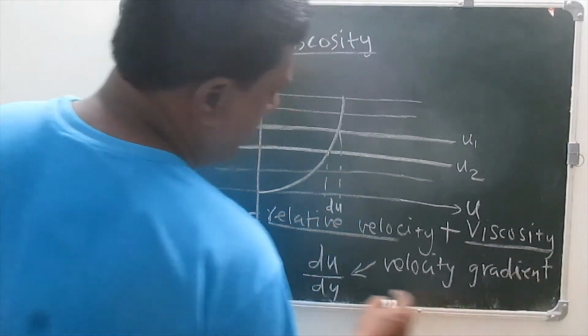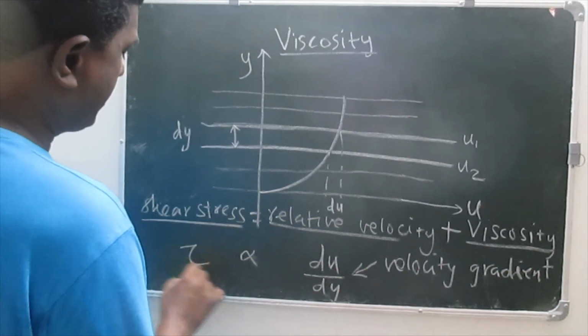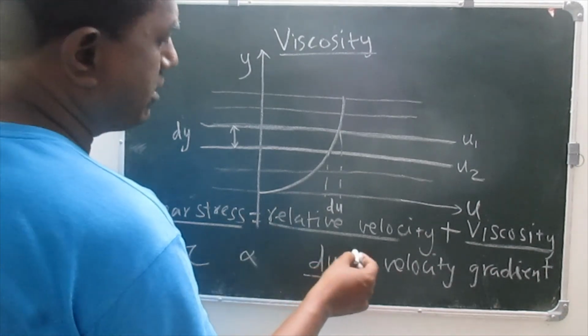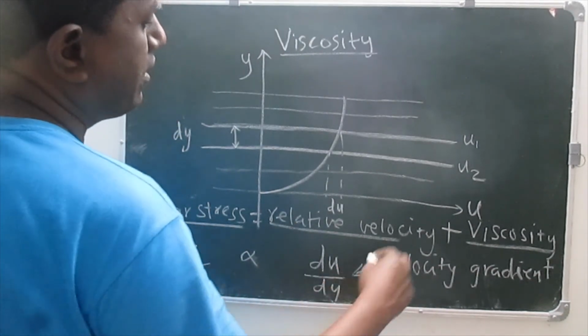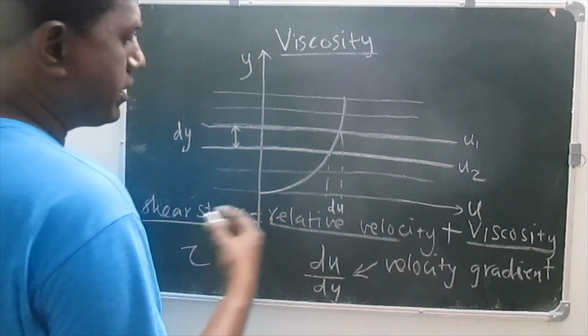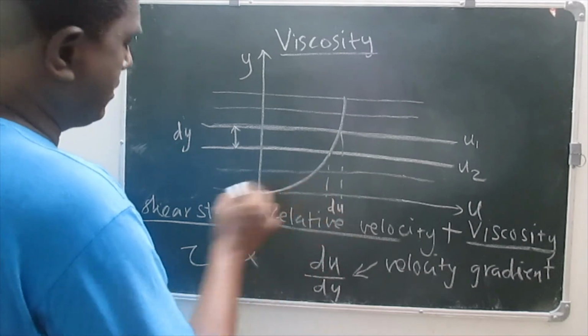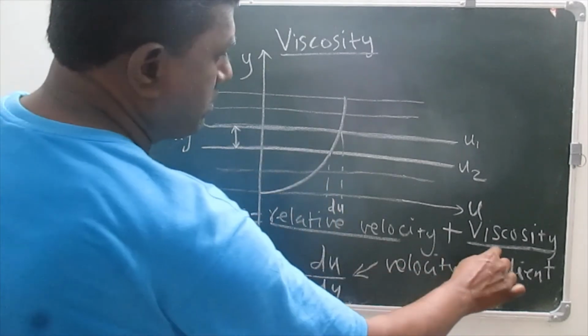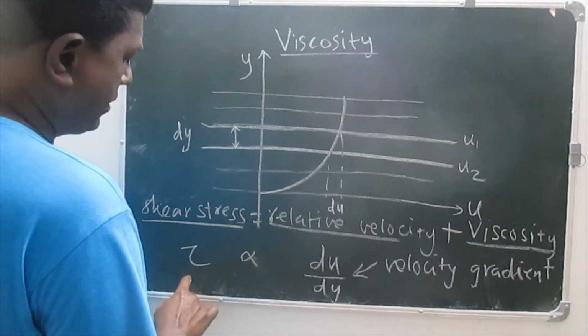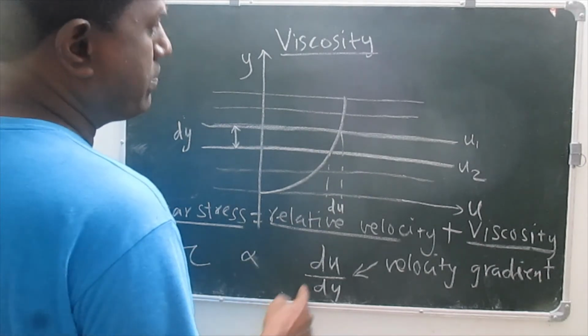If the velocity gradient doesn't exist, then the shear stress would be 0. If the shear stress is 0, there is no relative velocity, and the relative velocity comes because of the viscosity. So that is how we relate shear stress to viscosity. It is very important to understand that shear stress is directly proportional to the velocity gradient.